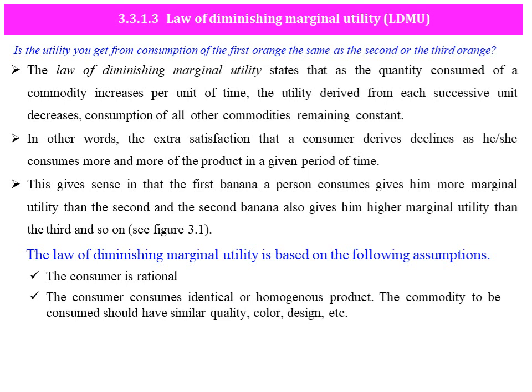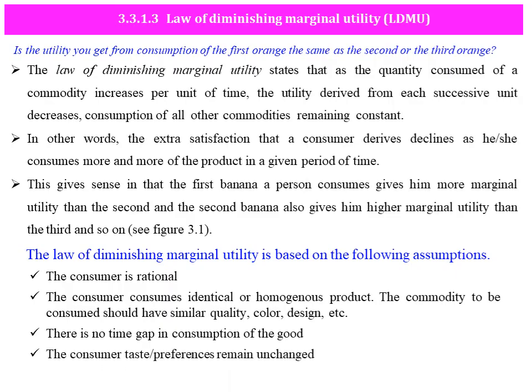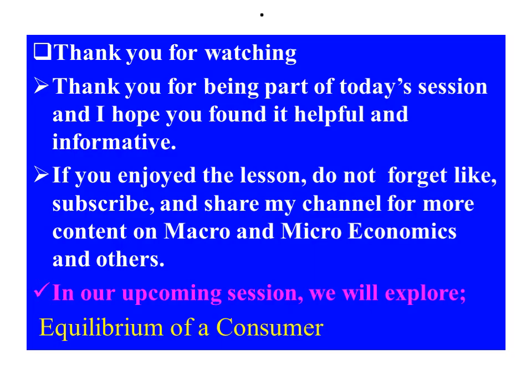The consumer consumes identical or homogeneous products. The commodity to be consumed should have similar quality, color, design, etc. There is no time gap in the consumption of the goods. The consumer's tastes or preferences remain unchanged.